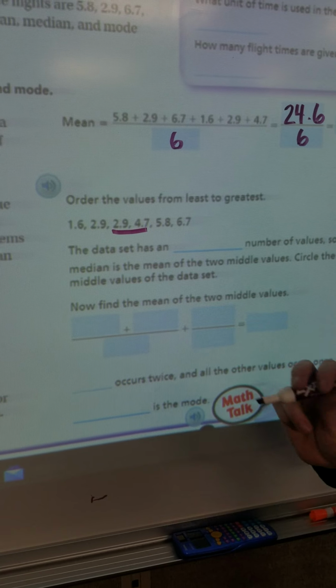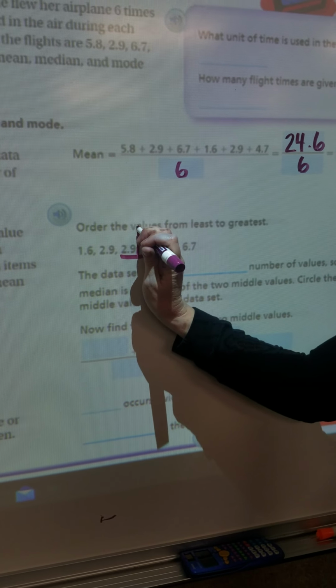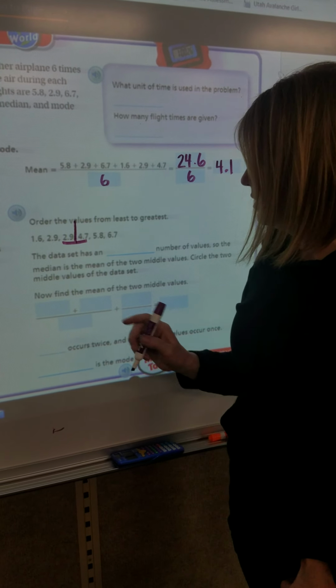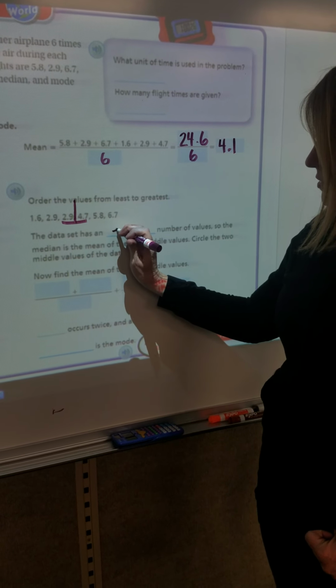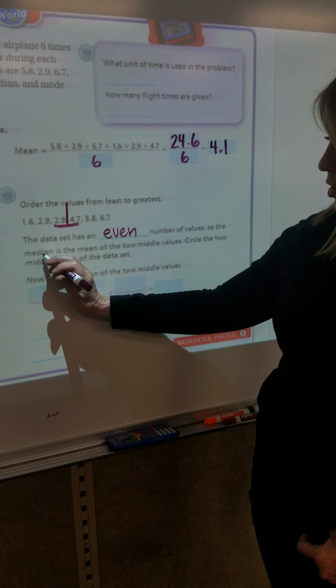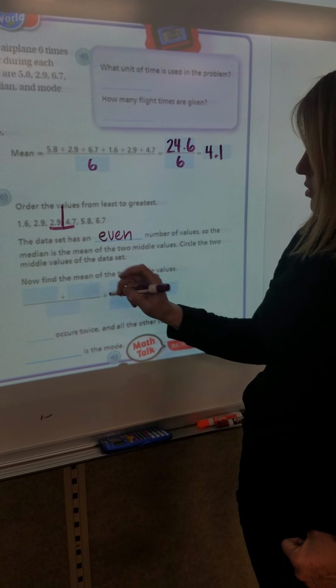So I need to find the middle of those data values. What would be right there? That's going to be the median of my data set. Okay, so the data set has an even number of values, so the median is the mean of the two middle values.